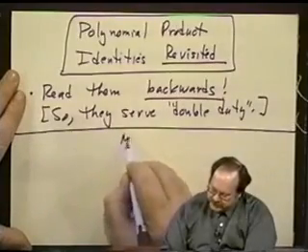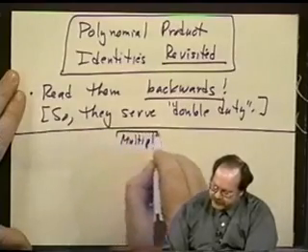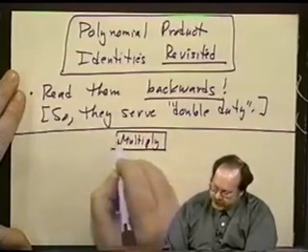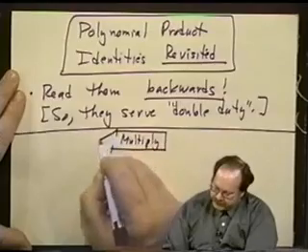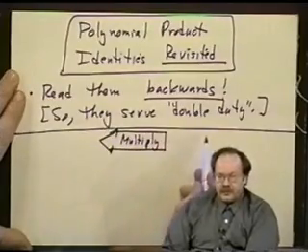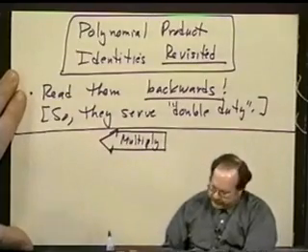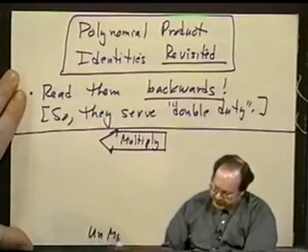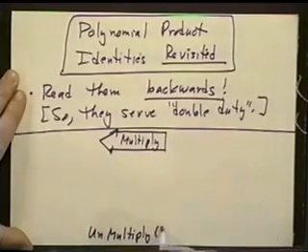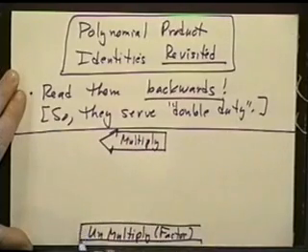Since we're interested in factoring, the direction for multiply will be, I get my arrow in here, from right to left. Okay? And the other direction will be unmultiply. So let me write that down. Unmultiply, which of course means factor. That direction will be from left to right.